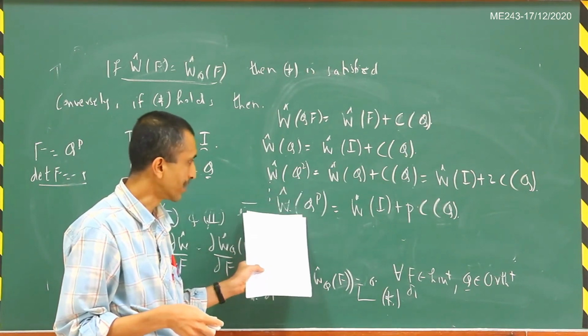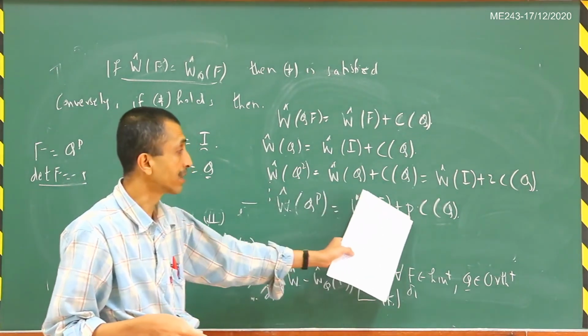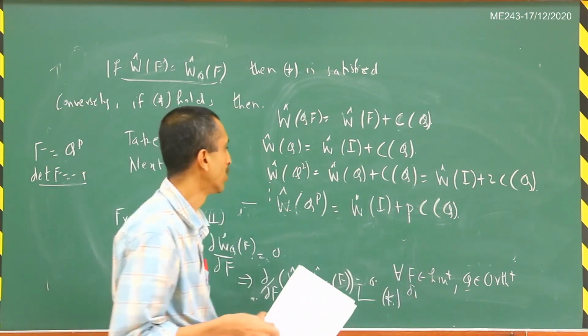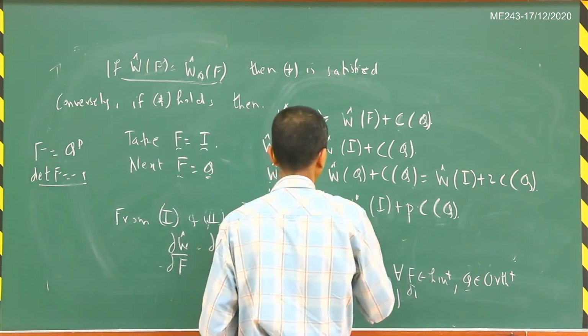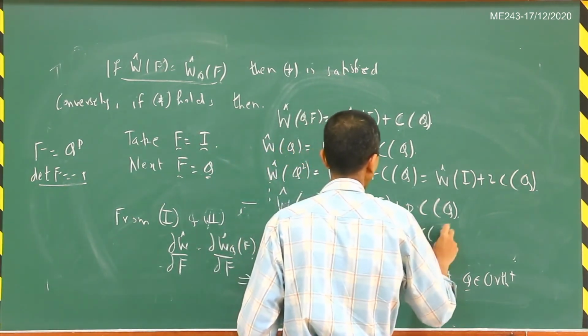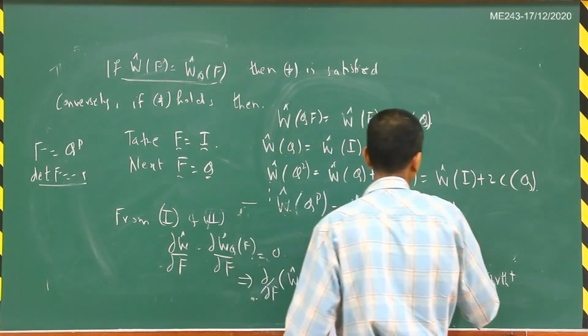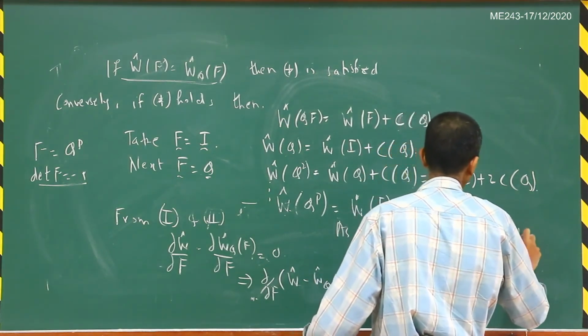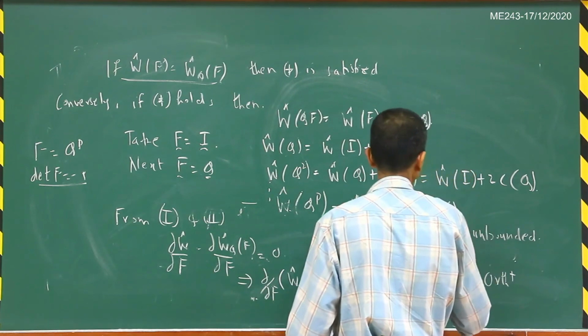So this term is bounded, this term is bounded, but this term, p times c of q, becomes unbounded as p tends to infinity, unless c of q is 0.